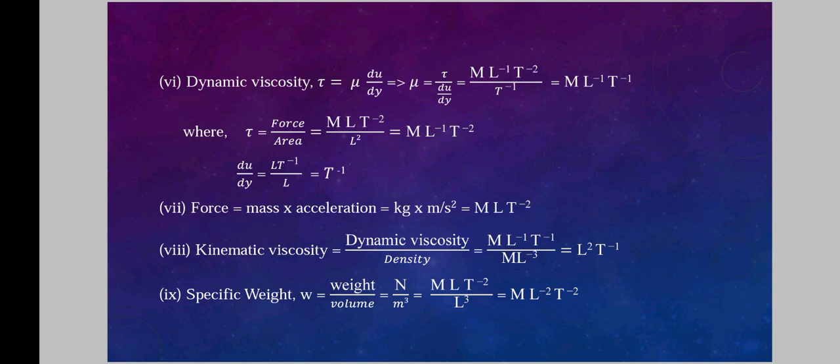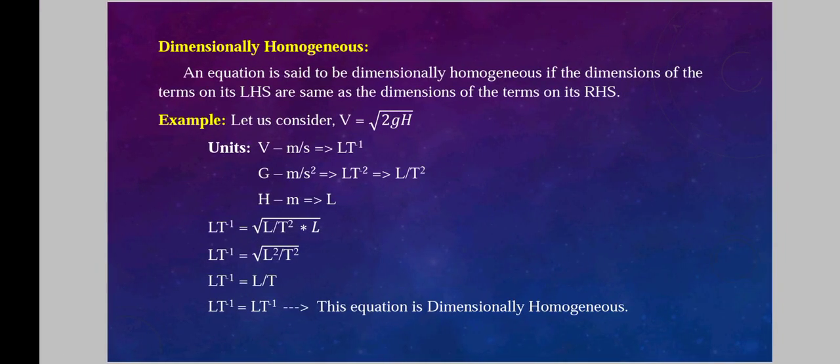And finally specific weight, the formula will be weight divided by volume, that is newton divided by meter cube. For dimensions it will be M L T power minus 2 divided by L cube, which will be M L power minus 2 T power minus 2. So that is all.